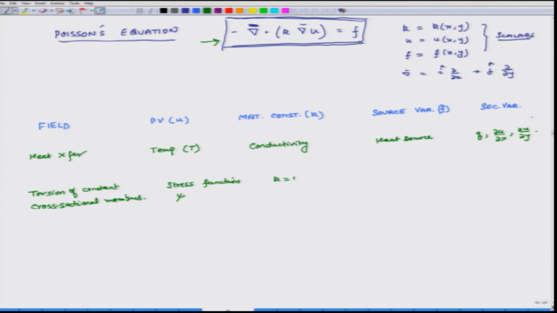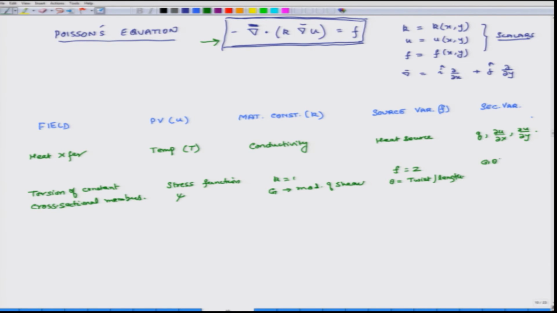K is equal to 1, unity, and here we use a shear modulus of shear. F equals 2 theta, where theta equals twist per unit length. And what are the secondary variables?